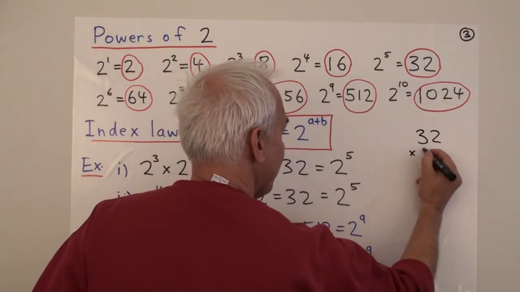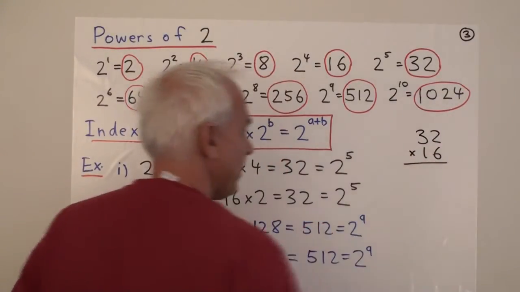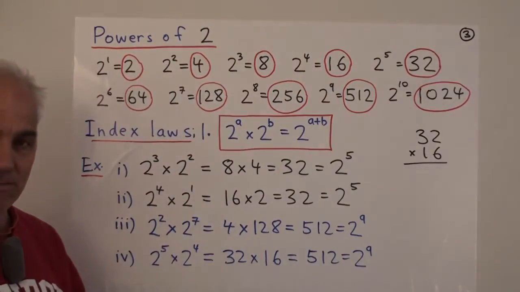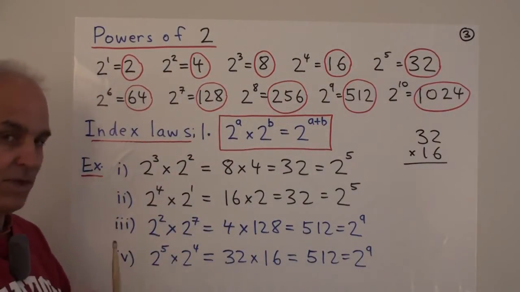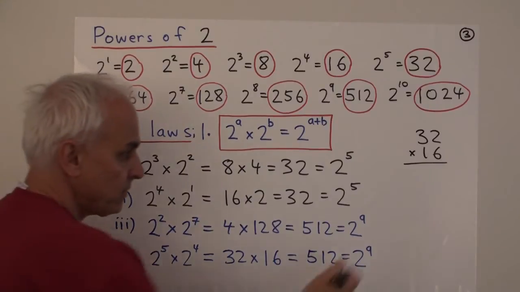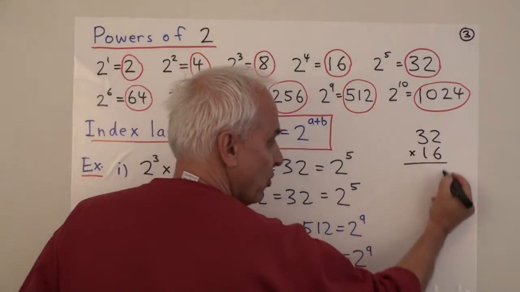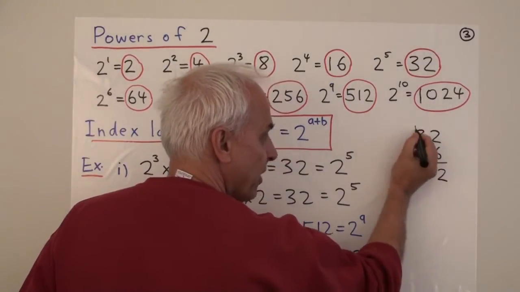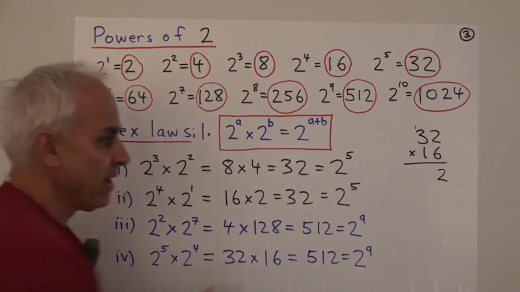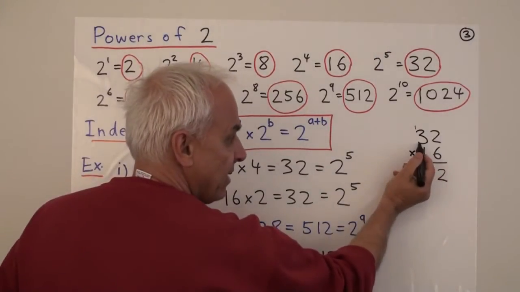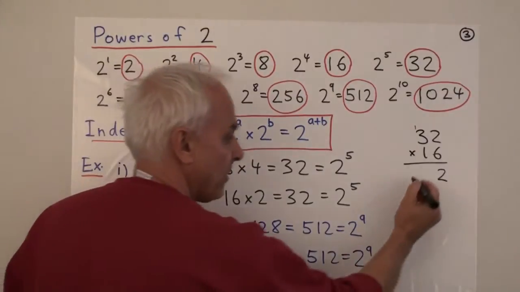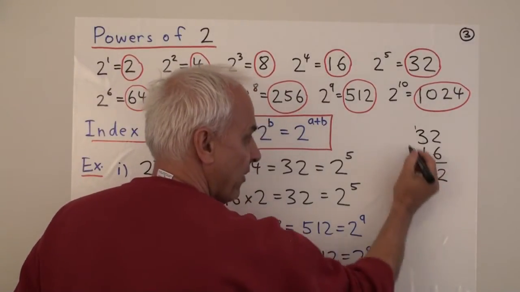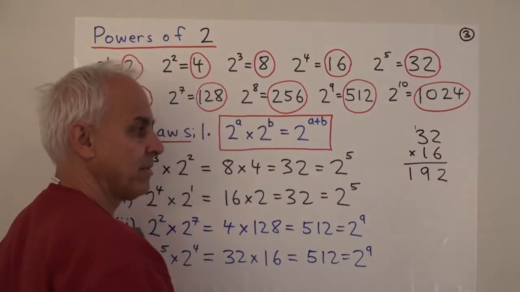32 times 16. Okay. It's an important skill to be able to multiply off to the side without a calculator. We start: 6 times 2 is 12. We write down the 2 and we carry the 1. 6 times 3 is 18, plus 1 is 19. So we put the 9 down there and carry the 1, which then comes down.